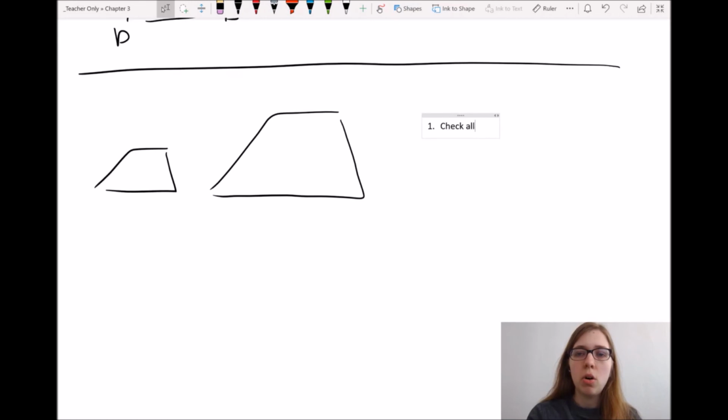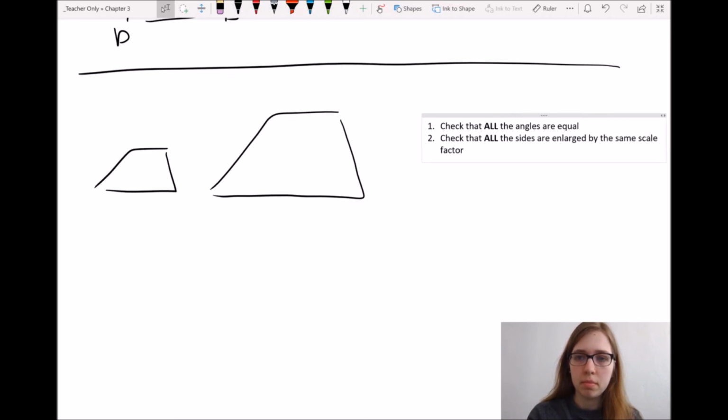We have to check all of the angles, let's be more specific, that all the angles are equal. And we have to check that all the sides are enlarged by the same scale factor. It is not enough to only do one of the two.